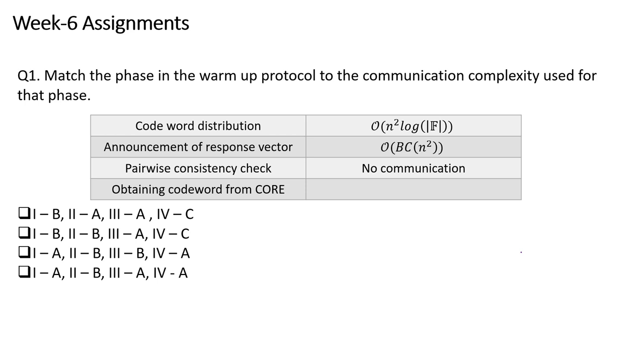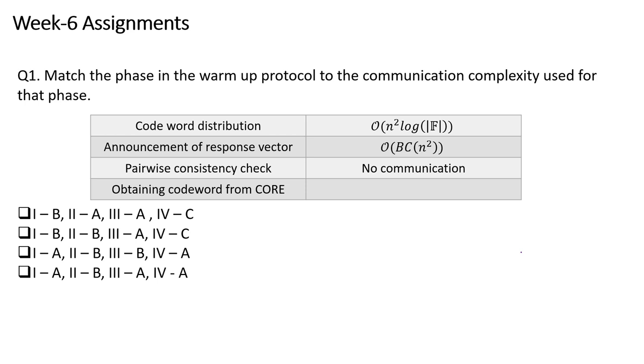So 2 maps to B in the right side column. Then there is pairwise consistency check. Here also we saw that there are nC2 number of pairs possible in a system of n parties, and each such pair actually checks whether their corresponding bit positions are consistent with each other or not.